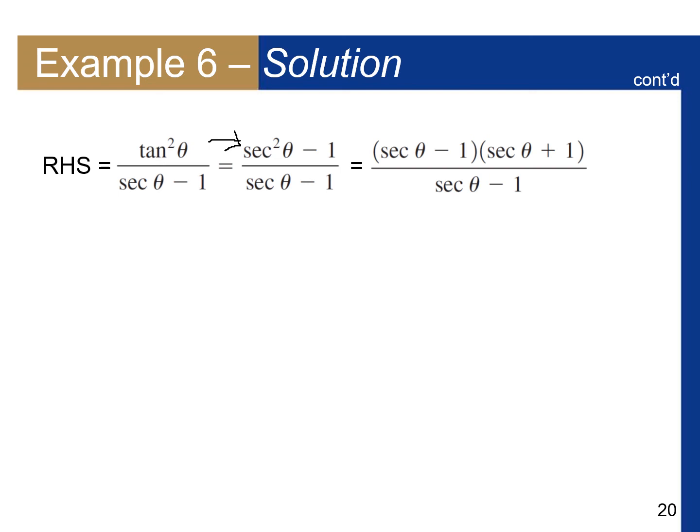And that's a difference of squares. Hopefully you made that connection, and it can be factored to be secant minus 1 times secant plus 1. So if I can reduce this, then I will get secant plus 1 on this side. So now both sides are the same, and what I did was simplify the left-hand side and the right-hand side to be the same.